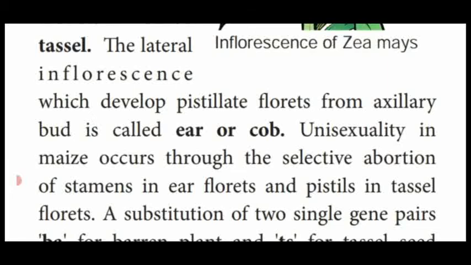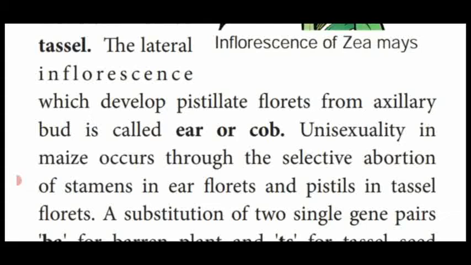Not only the male inflorescence, the female inflorescence, that means the female florets, also show the selective abortion. So, both male flower and female flower show the selective abortion due to the unisexual condition of the maize plant.